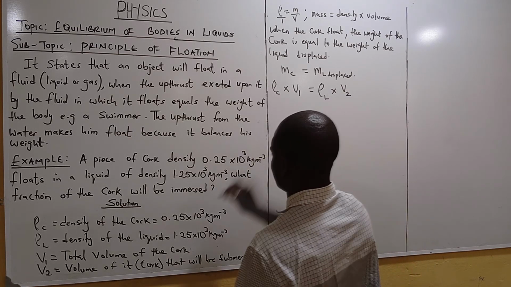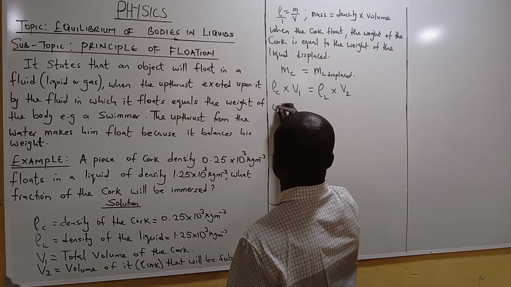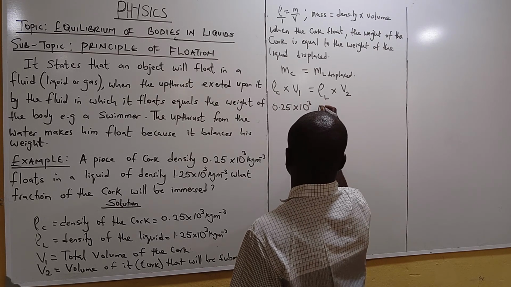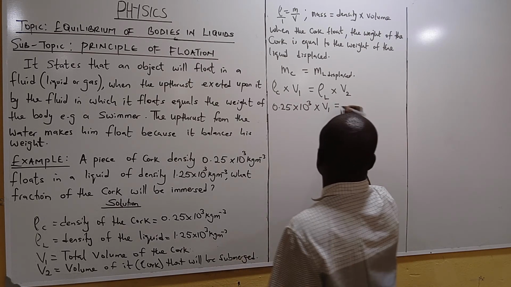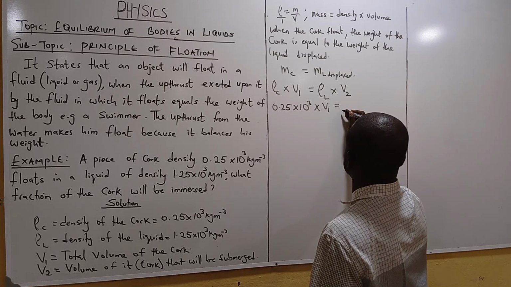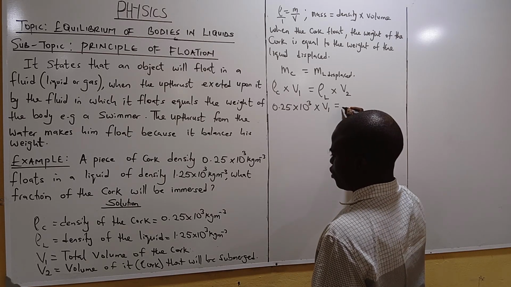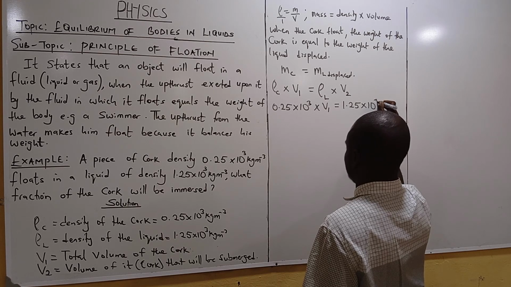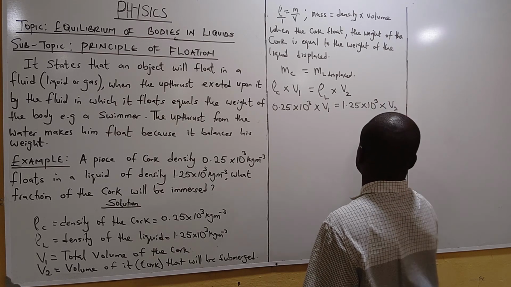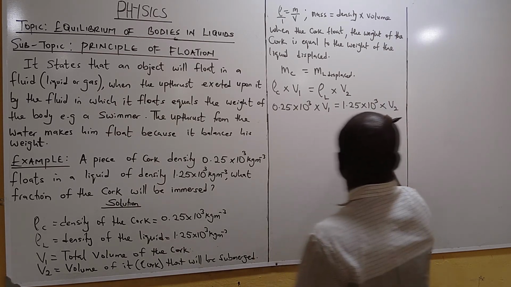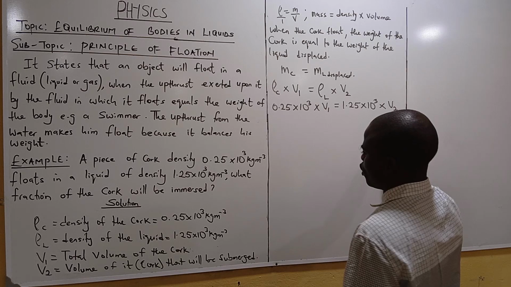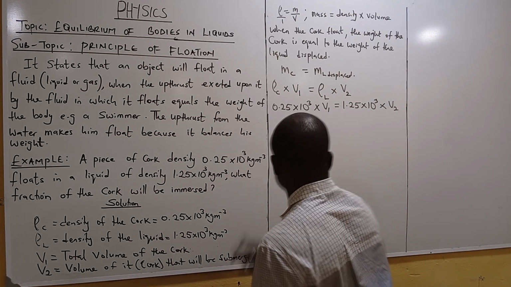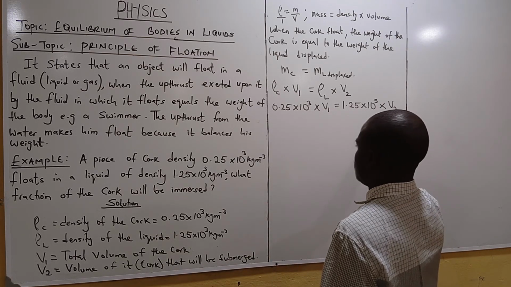Now let's replace them with the values. 0.25 times 10 to the power 3 times V1 equals density of the liquid, 1.25 times 10 to the power 3 times V2. Now take note that V2 will come up because it's the one that will be submerged. Is that okay?